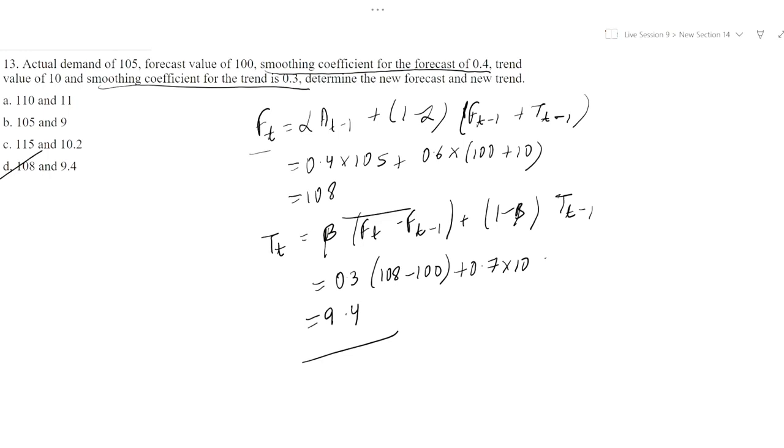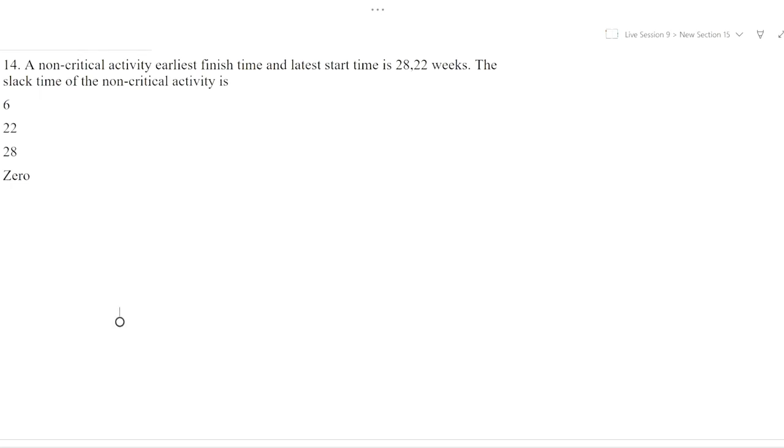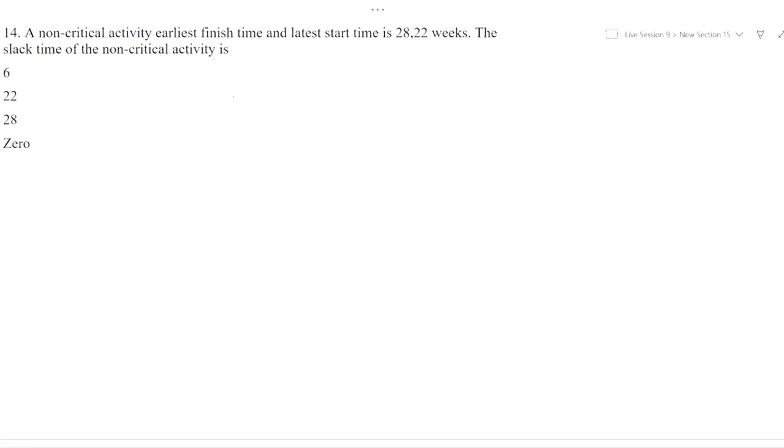Okay, so the next question. A non-critical activity, this is again a question from the critical path method. Here the earliest finish time and latest start time is given. The slack time of the non-critical activity is being asked. So we discussed a similar question like this last time also.